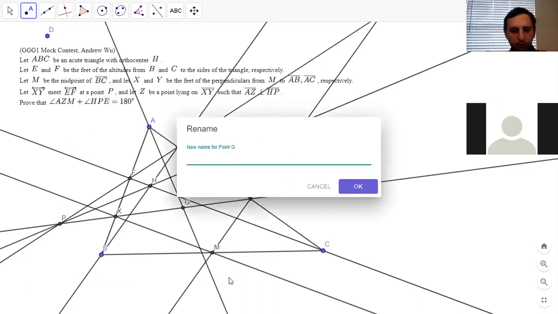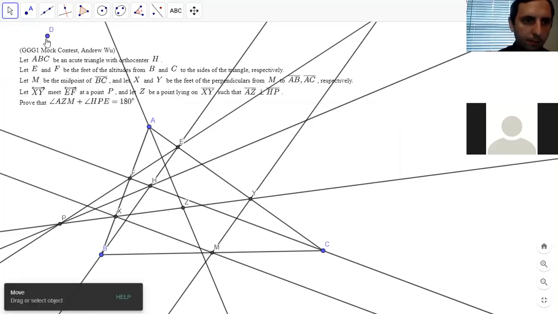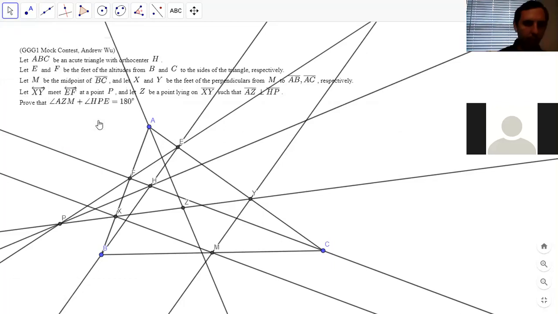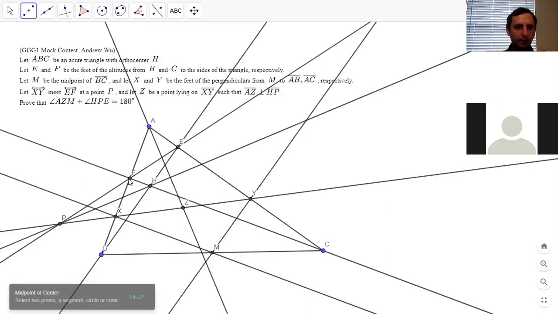So we want to show AZM plus HPE is 180. I'm gonna hide some stuff, but I'm gonna label the midpoint of EF, just because it makes a parallelogram.